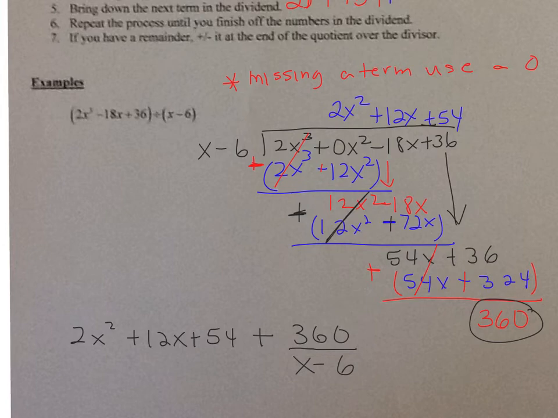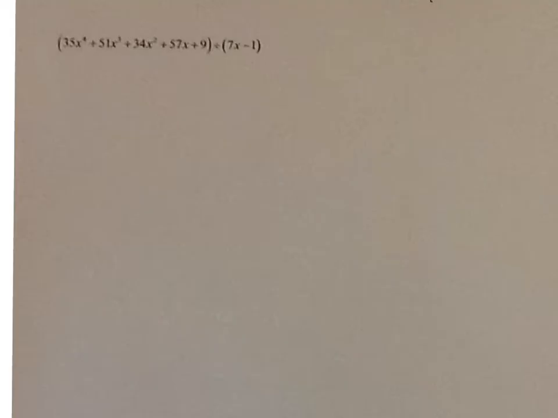All right, so let's flip it over and try the next one. Okay, so I have 35x to the 4th plus 51x to the 3rd plus 34x squared plus 57x plus 9 divided by 7x minus 1. So let's write this.